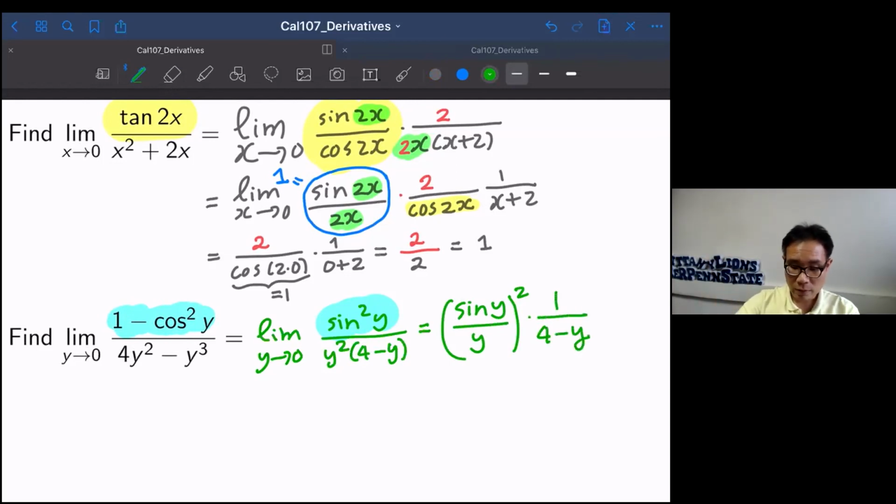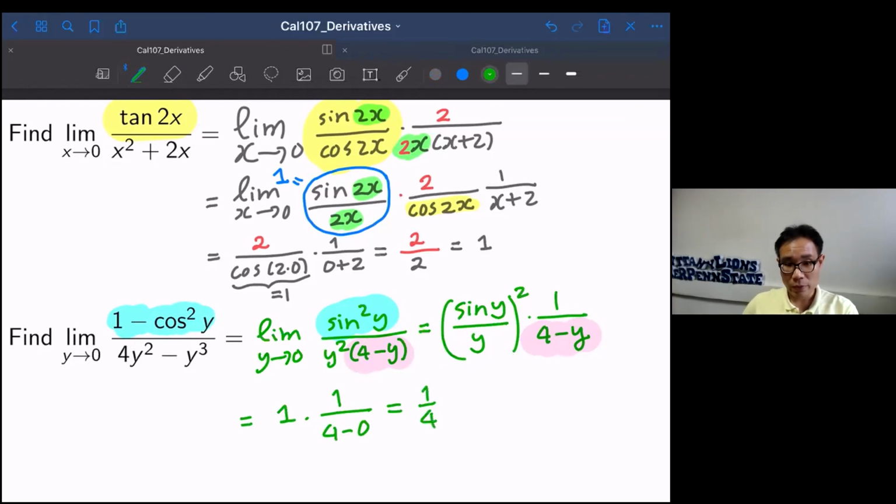This can be written in this form, and it's now very simple. You take the limit, it's going to turn out to be 1, multiplied by 1 over 4 minus 0. So it's going to be 1/4.